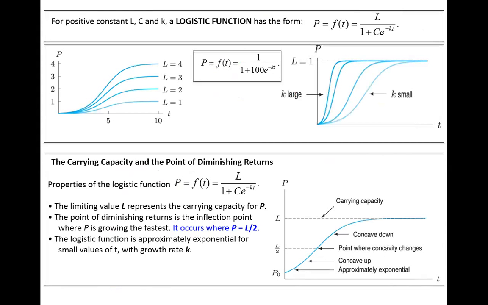For 4.7 we have to be confident with the logistic function. That means the logistic function looks like that. Probably we will provide it for you, but let's see some characteristics. That means the carrying capacity and the point of diminishing returns. If we go through a graphing calculator or some programming, that's the shape of this function.